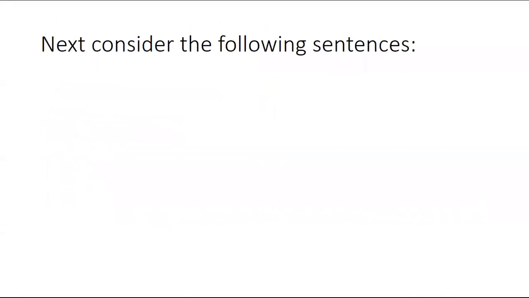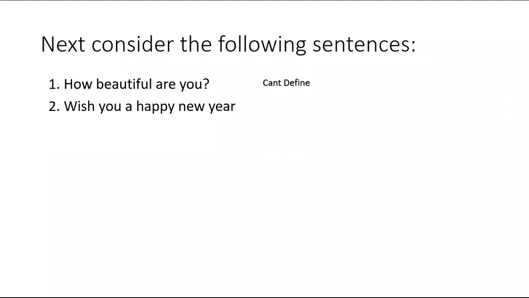Now, consider the following. How beautiful are you? Can you tell whether it is true or false? No, sir, we can't tell. We can't define whether it is true or false. Wish you happy new year. We can't define it. X plus y is equal to z.